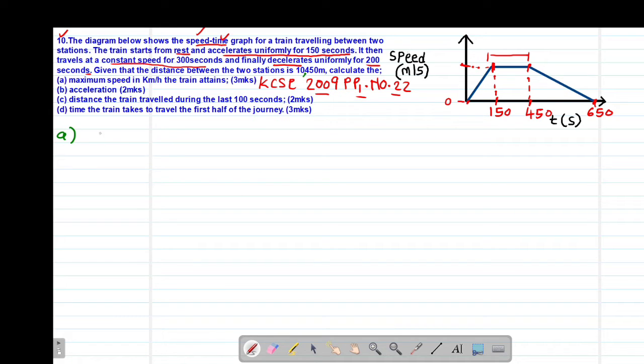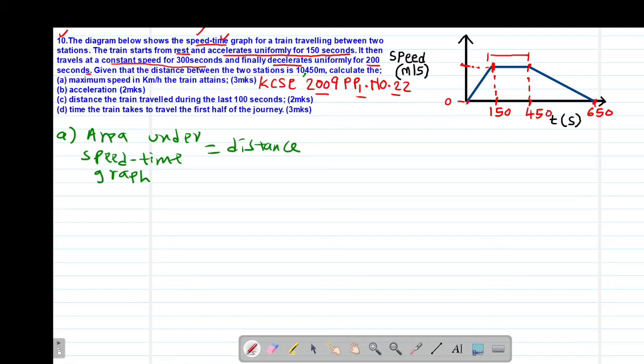So we need to know that the area under a speed time graph will always give you the distance covered.